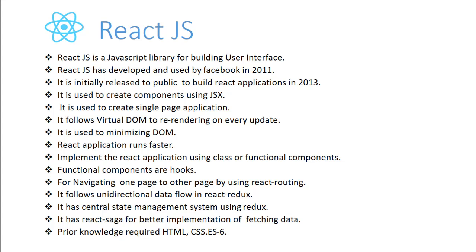Whatever application you are modifying or executing, you are accessing only one page, and the work you have done on that page is re-rendered in the virtual DOM in memory. After that it finally comes to the real DOM. So every operation happens virtually inside the memory before going to the DOM. That's why React.js applications are very fast.